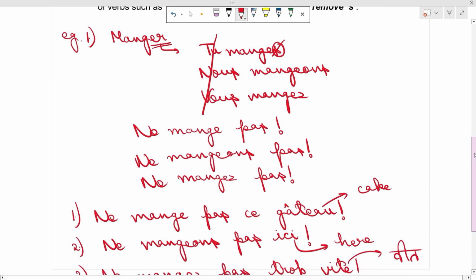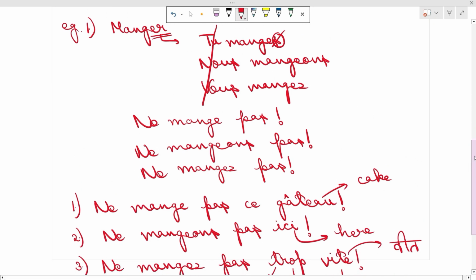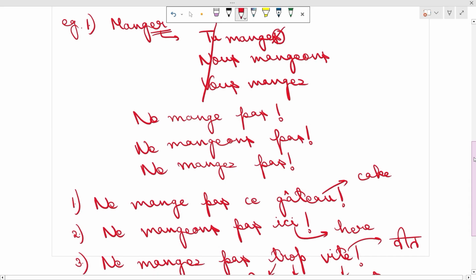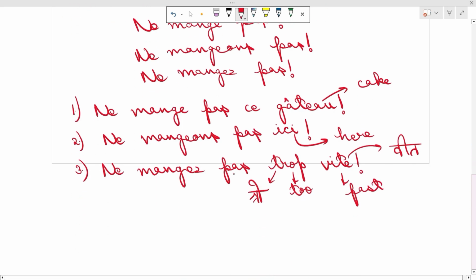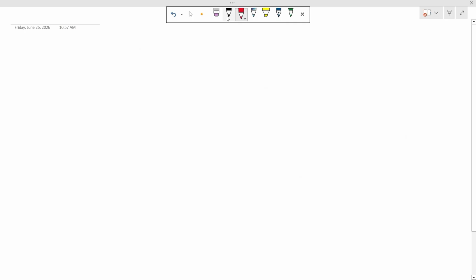Now we will take up another verb so that you are able to understand how these verbs are conjugated. The second is, let's take placer, which means to place.